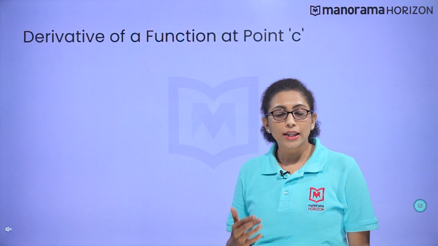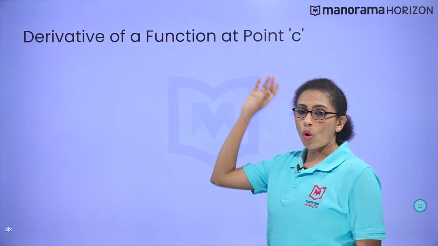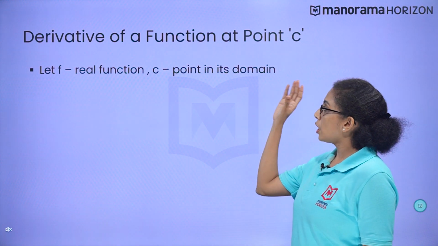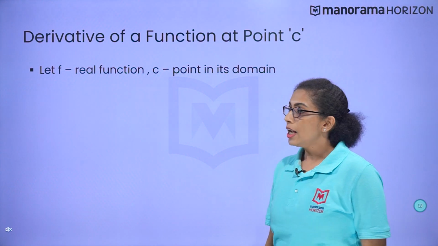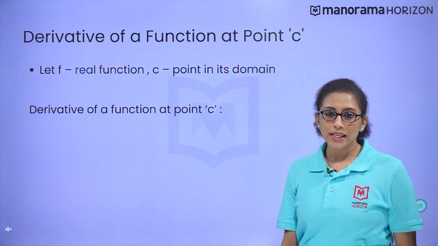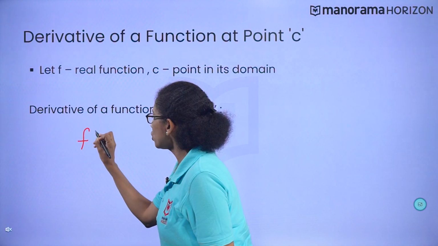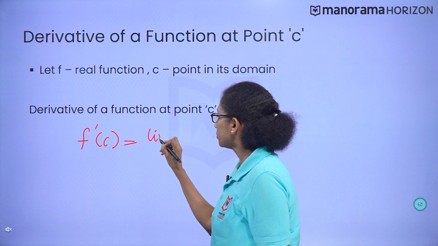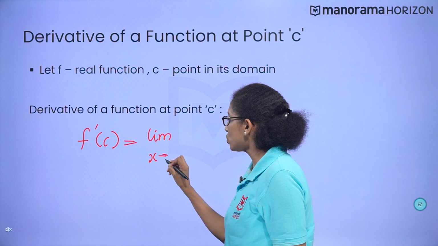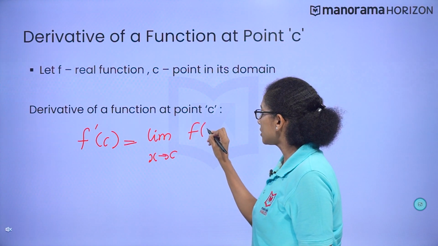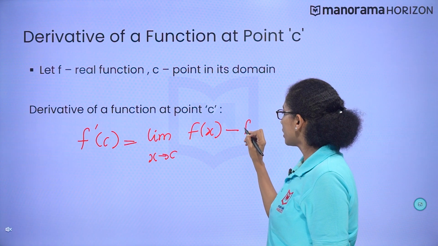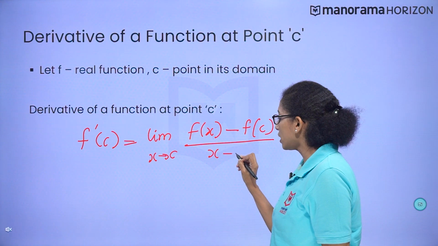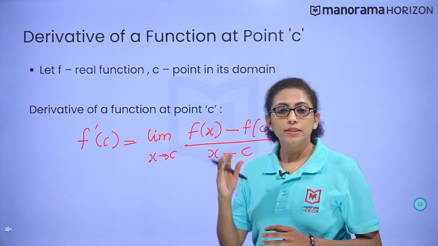Now let us find the derivative of a function at point c. Let f be a real function and c be a point in its domain. Then the derivative of a function at point c is given as f dash of c is equal to limit x tends to c, f of x minus f of c, the whole divided by x minus c, provided that the limit exists.